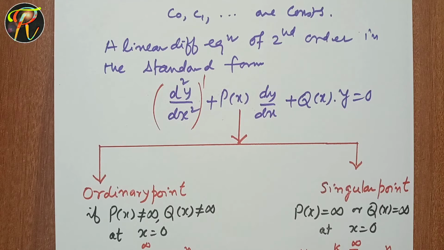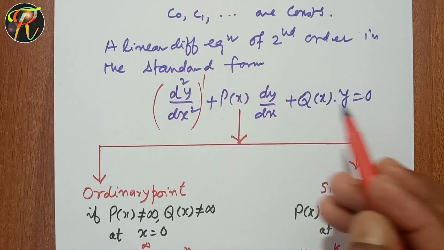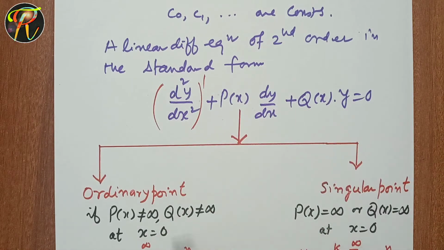Similarly, if P(x) and Q(x) are infinite at x equal to 0, then this point is called a singular point. We shall explain the method of solving the differential equation for these two categories.